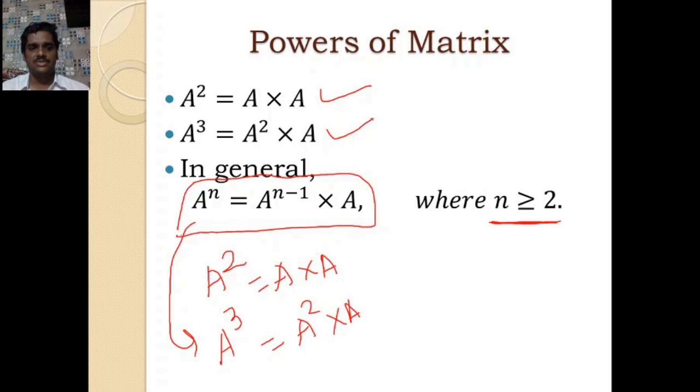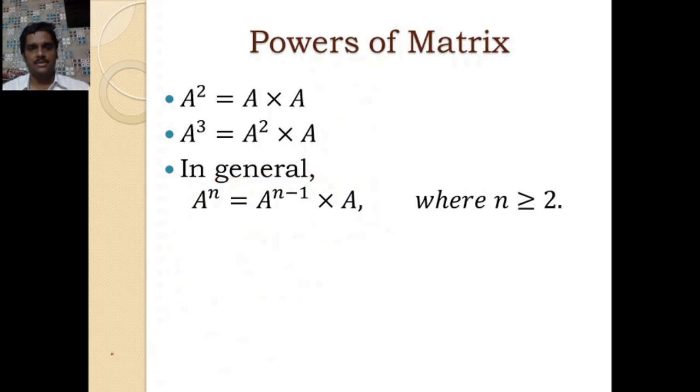We can get A raised to 4, A raised to 5, whatever power is necessary. For example, if I want A raised to 7, then A raised to 7 equals A raised to 6 into A by using this formula. Let's see some examples.